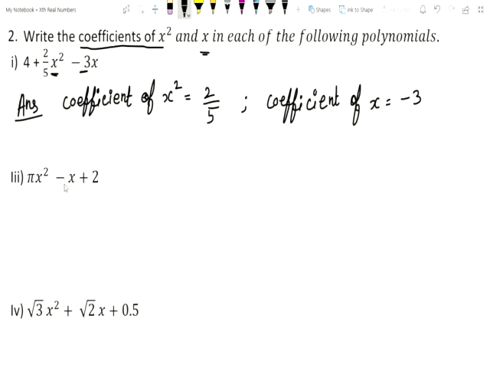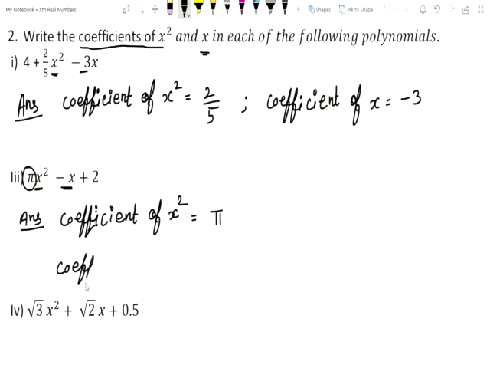Here, coefficient of x square is 5. Coefficient of x: before the x there is no number, which means it represents 1. So write the answer. Coefficient of x square equal to 5.